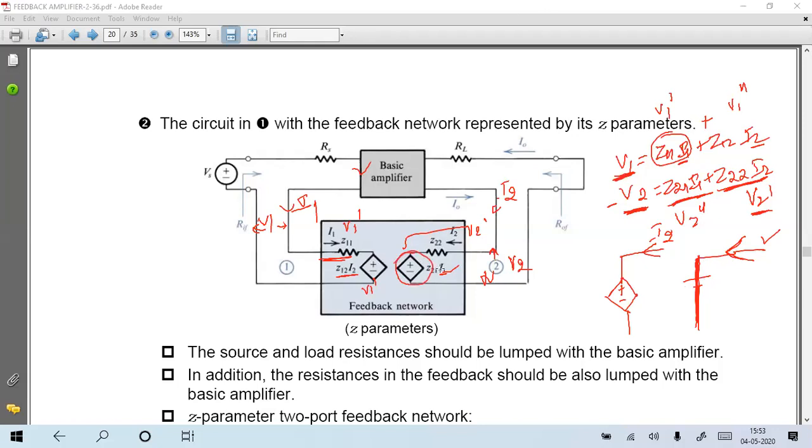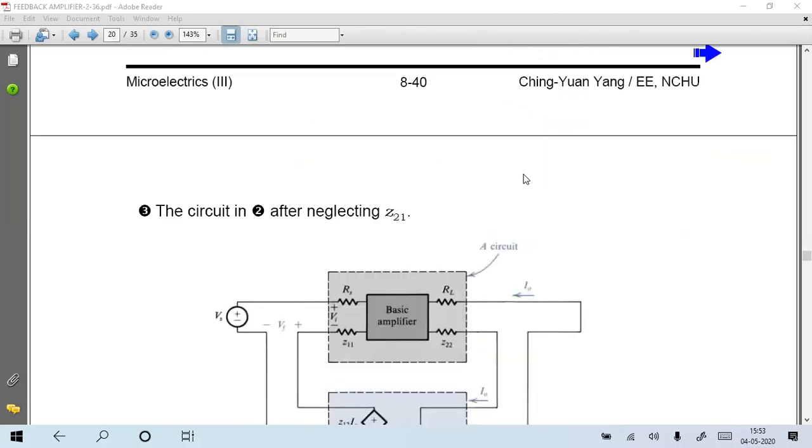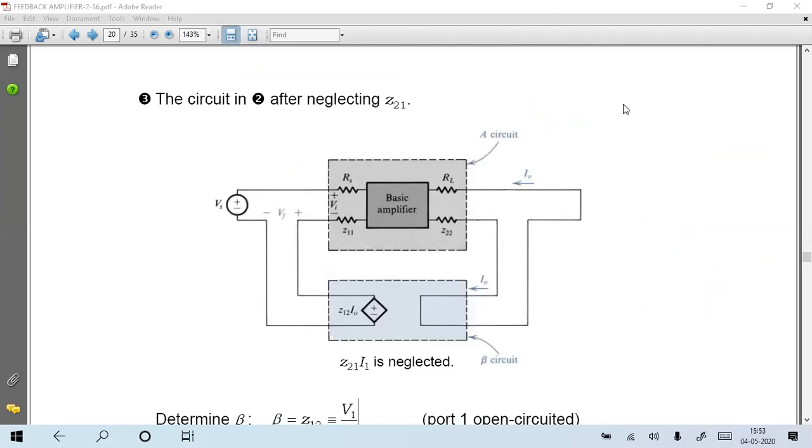So you can see the corresponding equivalent network. Here I know the current through the path, that is I2. Z21 is redundant, so neglect it according to the redundant technique.